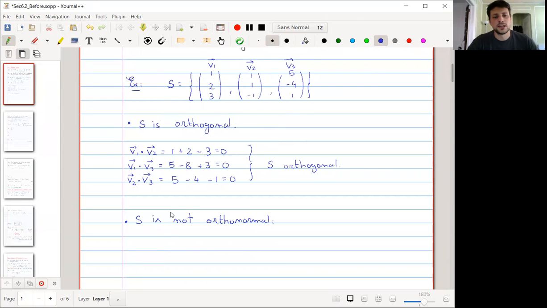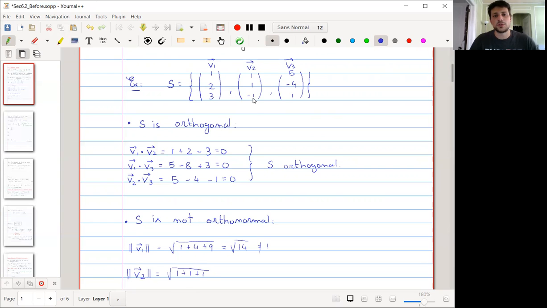And as a matter of fact, we can double check that. For example, if I take v1, the norm of v1 is given by the square root of 1 plus 4 plus 9, which is square root of 14, which is certainly not equal to 1. And this is enough to disqualify S from being orthonormal, but let's compute the norms of the three vectors because we'll use them in the next example. The norm of v2 is the square root of 1 plus 1 plus 1.